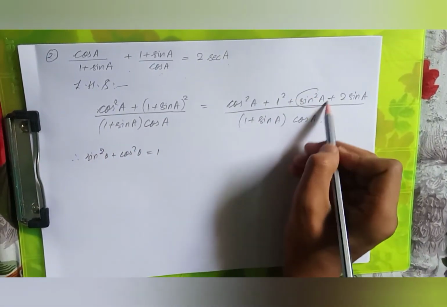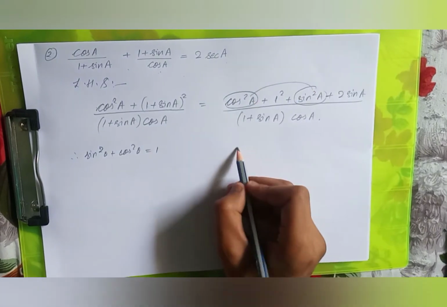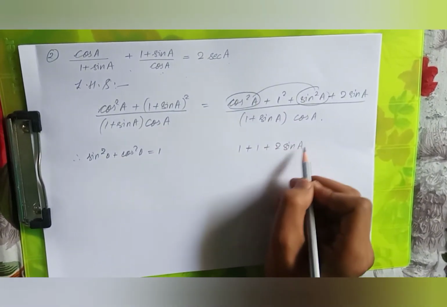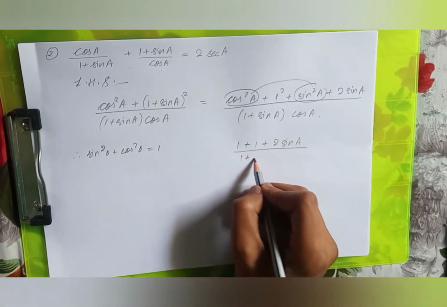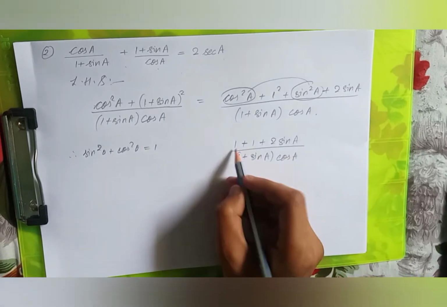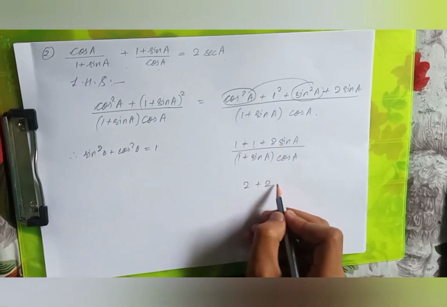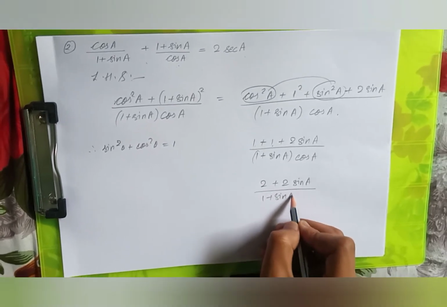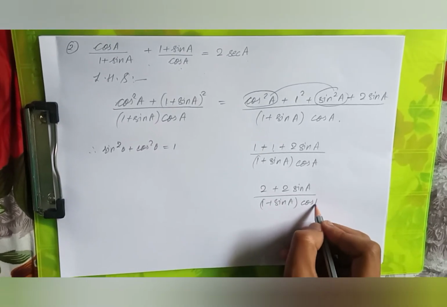Now we have sin square A and cos square A. This will become 1, and 1 square is 1, plus 2 sin A. And the denominator is (1 plus sin A) cos A. So 1 plus 1 is 2, plus 2 sin A by (1 plus sin A) cos A.